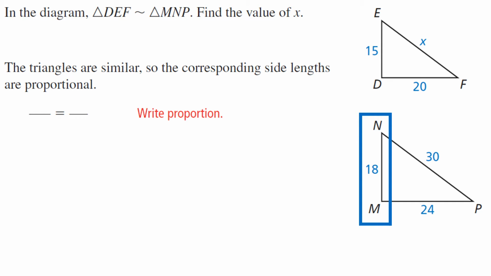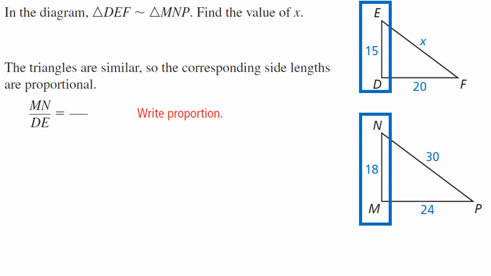Now, I stole this off the internet, and they decided to start with NM, which is fine. You can start with any side you want. But since I took that side from one of the triangles, I must take the corresponding side from the other triangle now. Why they chose to start with MN, I don't know, but it certainly corresponds with DE.